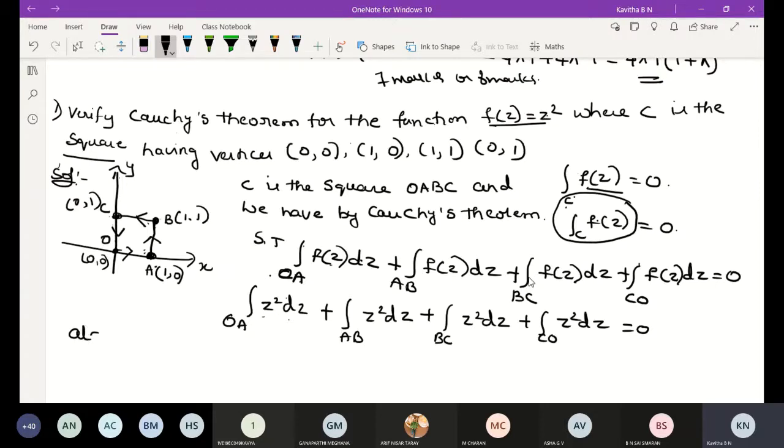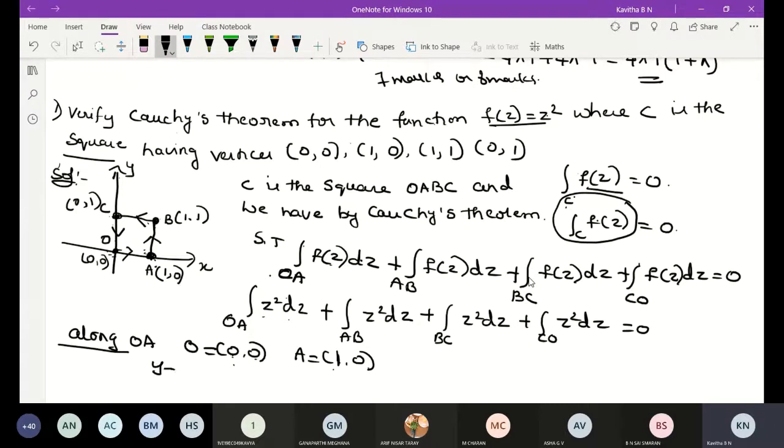Okay, next take down along OA. Observe here, along OA. What is the O point? It is 0, 0. What is the A point here? 1, 0. Then write down here x varies from 0 to 1, and y is equal to 0.